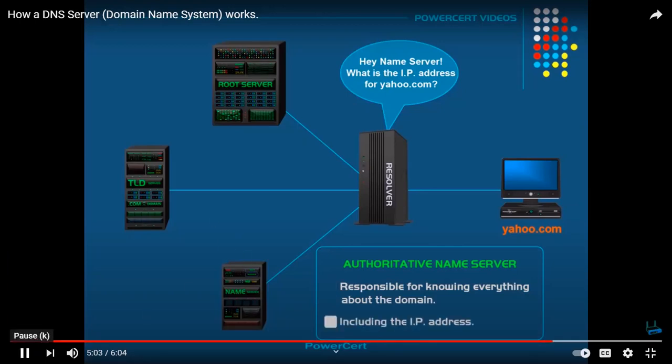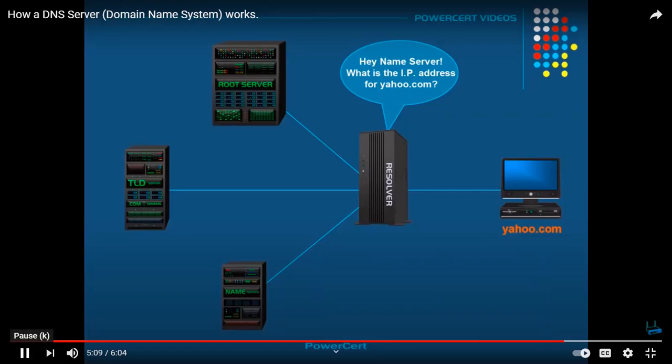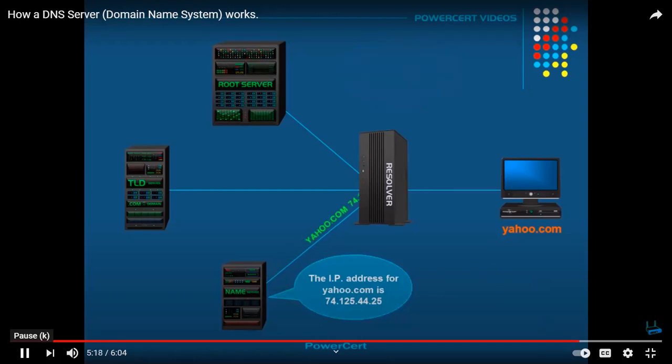Includes the IP address. They are the final authority. So when the authoritative name server receives the query from the resolver, the name server will respond with the IP address for yahoo.com. And finally, the resolver will tell your computer the IP address for yahoo.com, and then your computer can now retrieve the Yahoo web page.